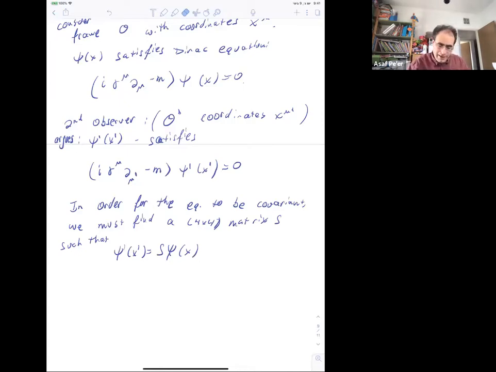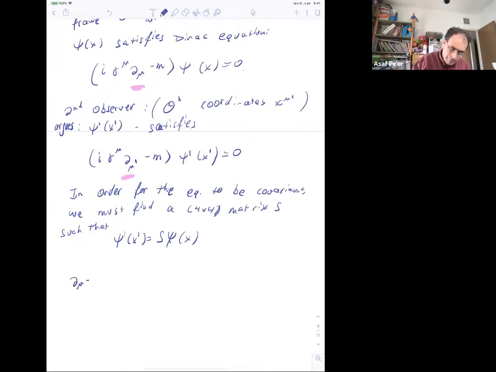Now, we have the four derivative. M is a constant, gamma mu are constant, so we don't care about those, but we have the four derivative. This d mu is a covariant vector, so it transforms under the inverse of a Lorentz transformation.